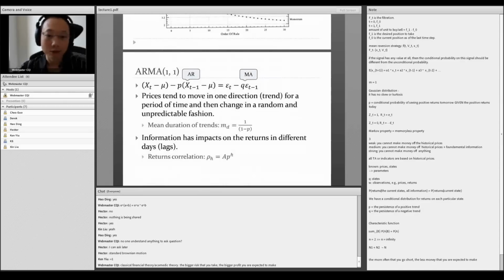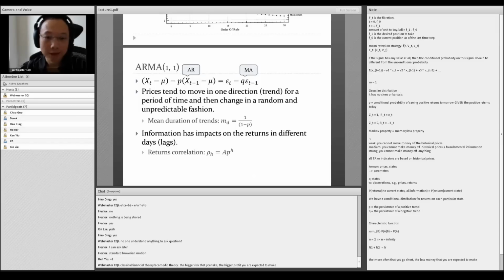So X_t minus mu is the residual of the return process, and this is the moving average, a moving average summation of the shock. Now, if you model returns using ARMA(1,1), then we introduce trend into the price. But this trend is somewhat predictable because you can compute the mean duration of the trend.